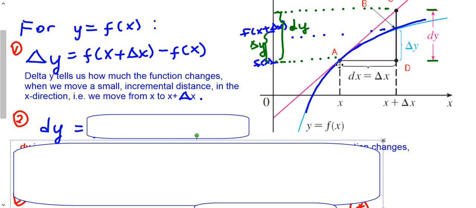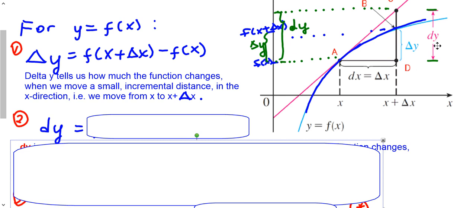That tells you the unit change in y per unit change in x. So if you go this many units in the x direction, and the slope is f prime of x, how much have you moved in the y direction? So take the slope and multiply it by that incremental change in the x direction. That'll give you the total change in the y direction along the tangent line.